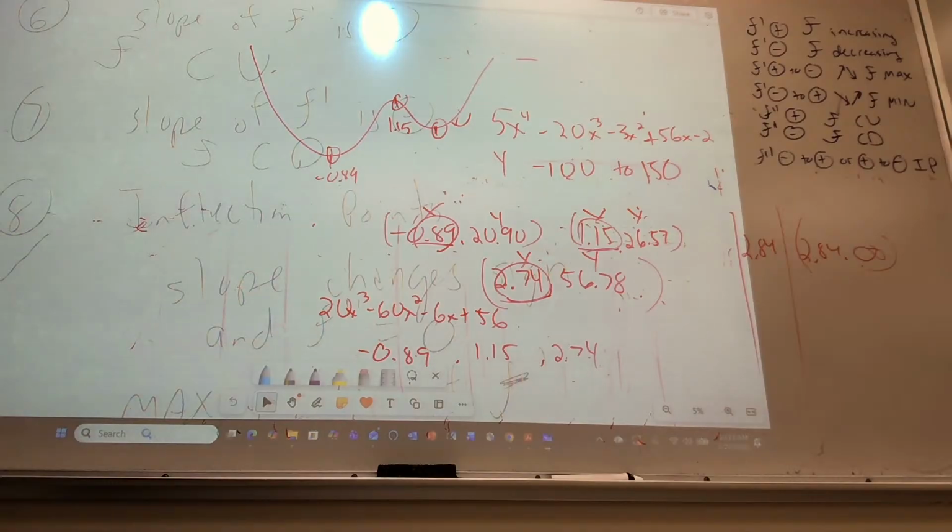You get the same answer because the zero crossings of the second derivative are the maximum and minimum of the first derivative.